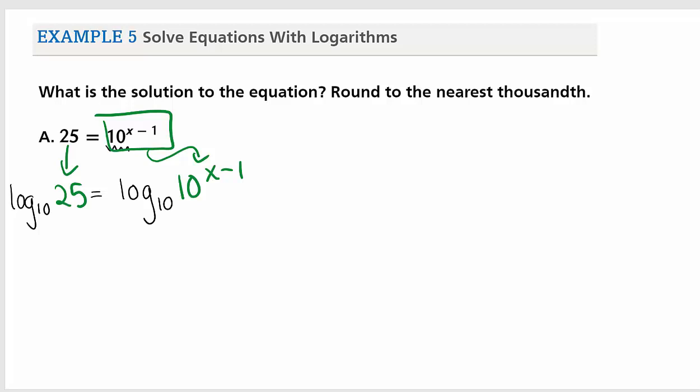Now the reason that I'm doing that is because of the rule that we just used in the last question. As long as the base is the same, we can simplify this so the right-hand side will now equal x minus 1. So on the left-hand side, we have log 25.